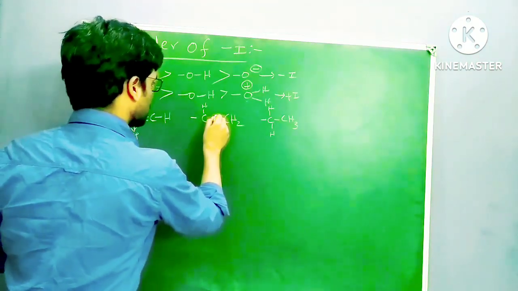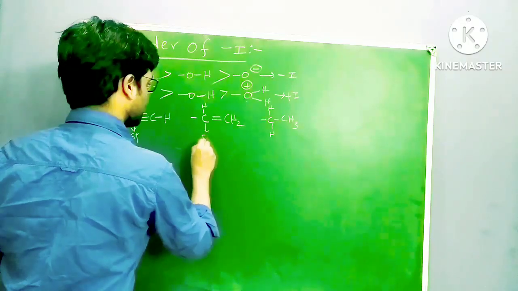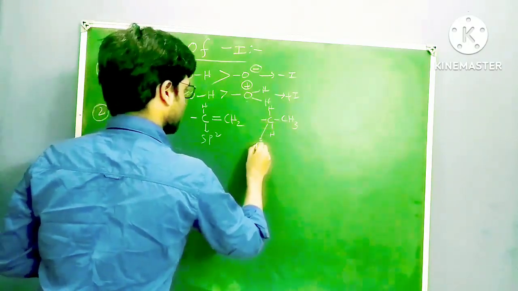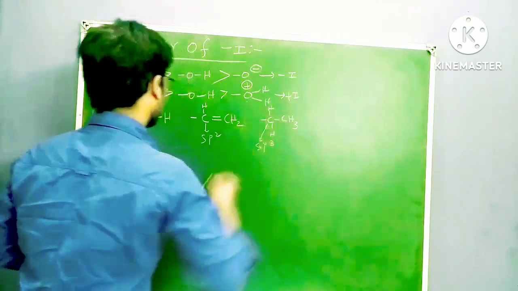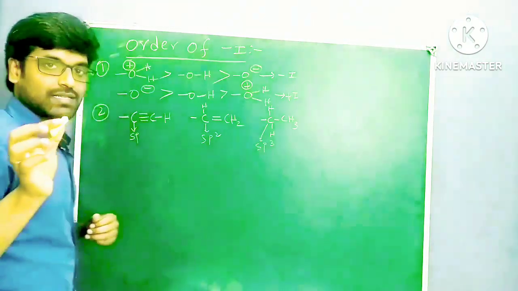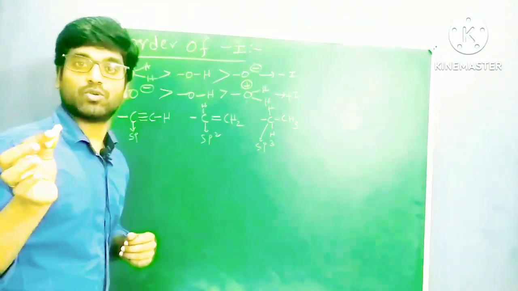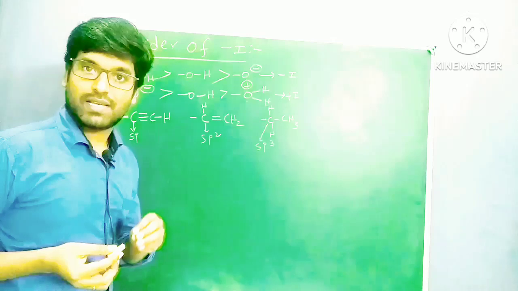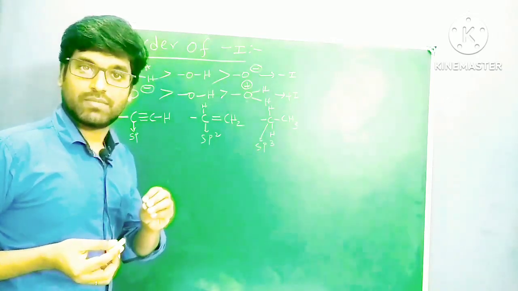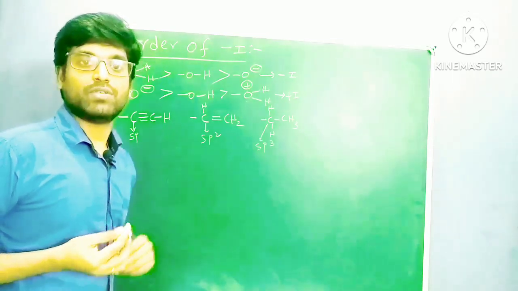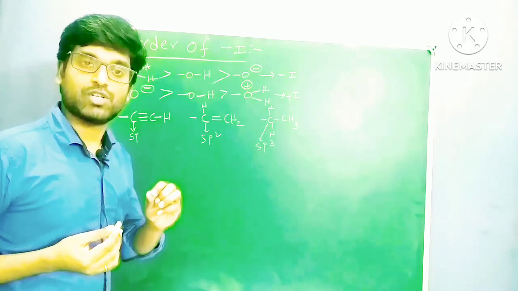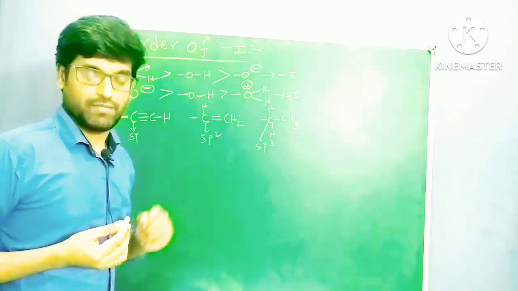So 1 2 3, that is sp2, and here 1 2 3 4, so it is sp3. That means you have to see the percentage of s character. If the percentage of s character increases, electronegativity increases. In minus I effect, always you have to see the more electronegative atom. That means you have to see electronegativity. The group which is having more electronegativity will show more minus I effect.